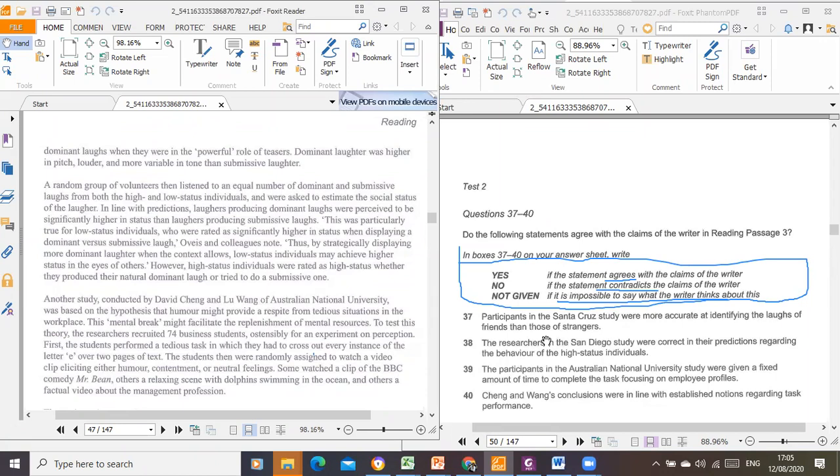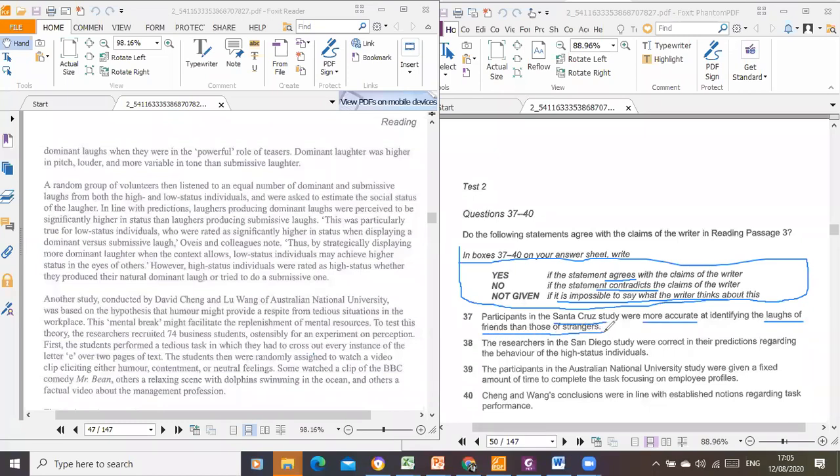Now, question 37 says that participants in the Santa Cruz study were more accurate at identifying the laughs of friends than those of strangers.